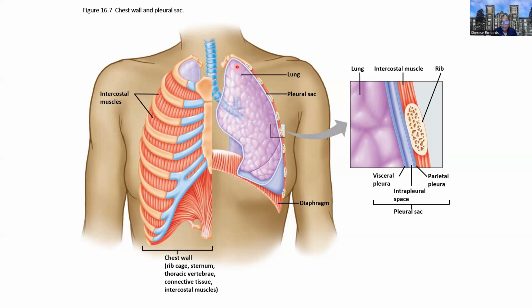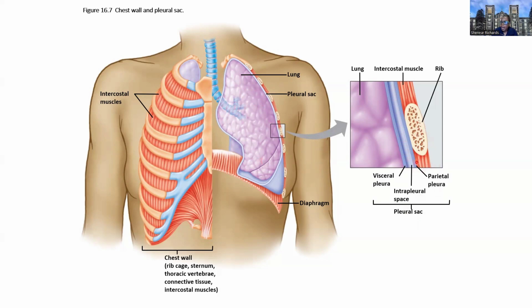And then we have a parietal layer of the pleura, which is attached to the thoracic wall, and then a visceral layer of the pleura, which is attached to the lung. And then in between those two layers, we have the intrapleural space, or the so-called pleural cavity. Okay, so the pleural cavity intimately covers the lungs, and in between these two layers is that fluid that lubricates the movement as we have movement of the lungs and the chest wall.